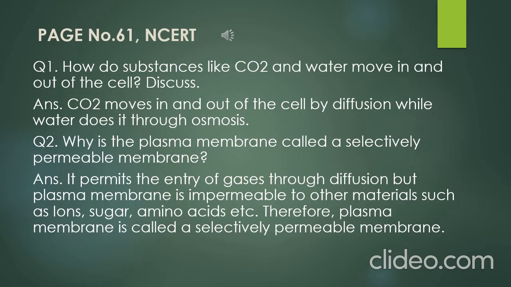Impermeable means it doesn't allow, such as ions, sugar, amino acids, etc. Therefore, the plasma membrane is called a selectively permeable membrane, meaning it allows only certain materials to pass through it, but doesn't allow some materials such as ions, sugars, etc. to pass through it. That's why it is a selectively permeable membrane. Now up to that question answers, this syllabus comes in the unit test.